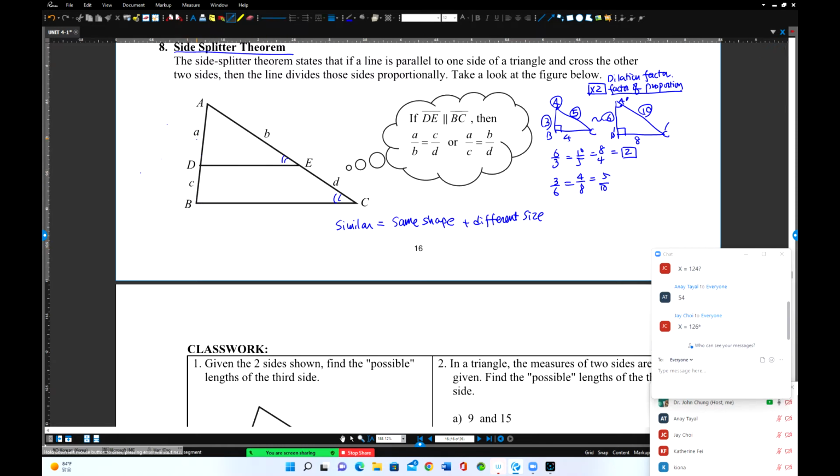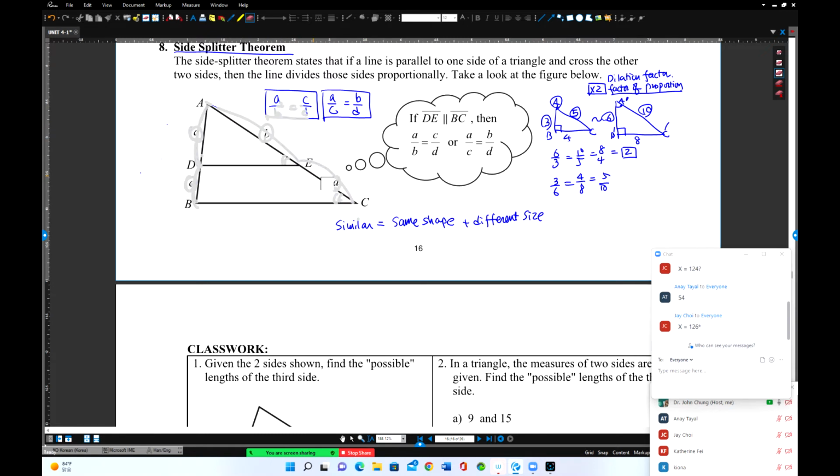The side splitter theorem says A to B must be equal to C to D. Or A to C, B to D. It's the same thing. This is a relative ratio, right? A is the first, B is the second, C is the first, D is the second. This is also the side splitter theorem.